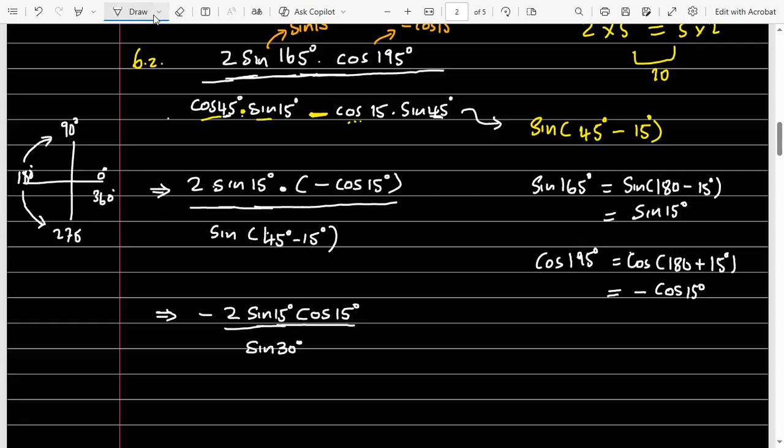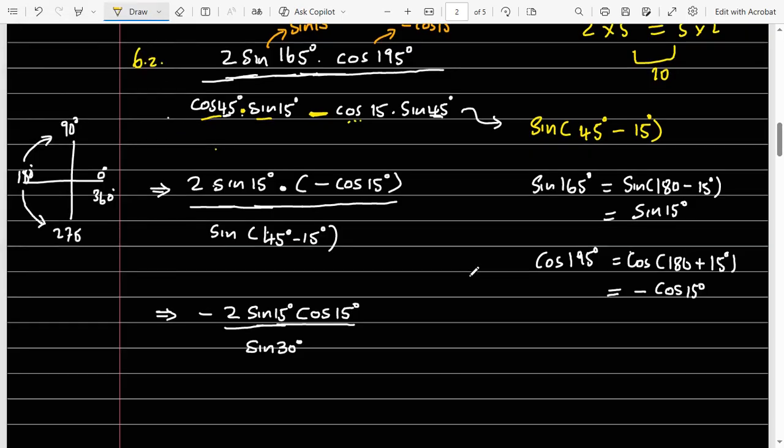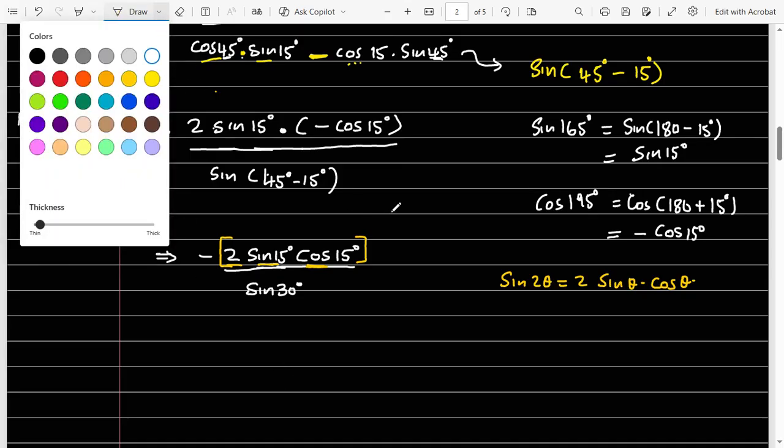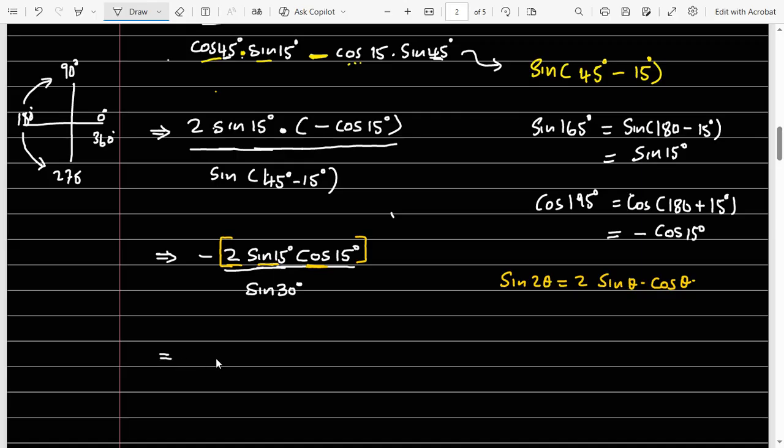Look at what I have here. Remember we talked about that the sine of 2 theta is equal to 2 the sine theta times the cos theta. And this is what we have, the sine theta multiplied by the cos theta. But this time, this one has that 2. So we can change this part and write it as negative 2 the sine of 2 times our angle, which is 15 degrees.